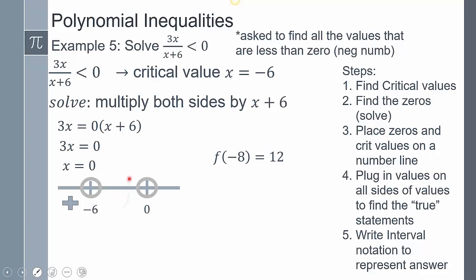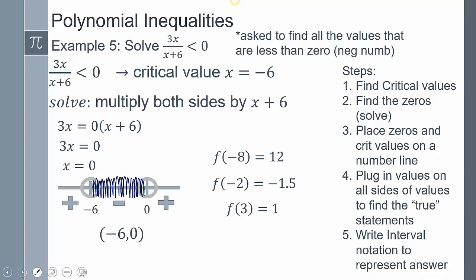A value in between negative 6 and 0 is negative 2. I got negative 1.5, so that's going to be negative. And then a value greater than 0, I plugged in 3, and I got a positive 1, so that's going to be positive. This said all the values that are less than 0, which means negative values, so I'm going to shade the negative region. And so step 5, writing my interval notation, I get negative 6, 0.